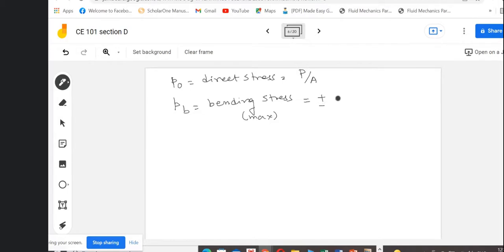So plus minus P into E by Z. So this is the uniform. So this is both maximum and minimum are same. There is some plus and minus due to the compressive nature and the tensile nature.